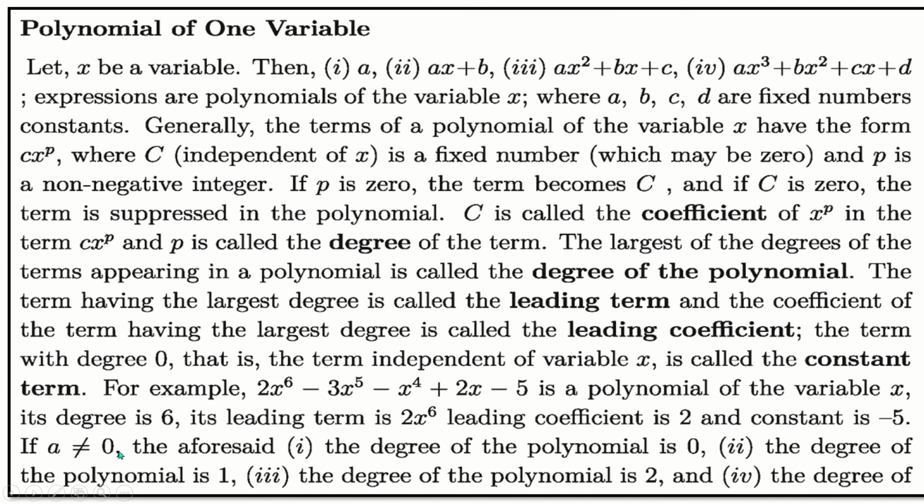Here if a is not equal to 0, the degree of the polynomial is 0. I have already explained the degree of the polynomials: 2 is equal to 1, here 2, here 3. Clear?